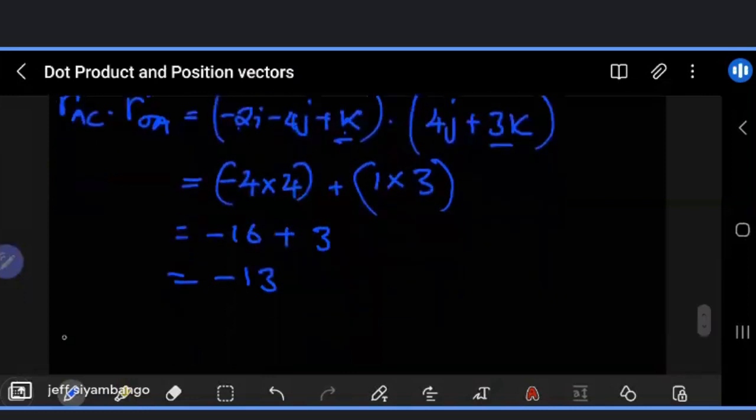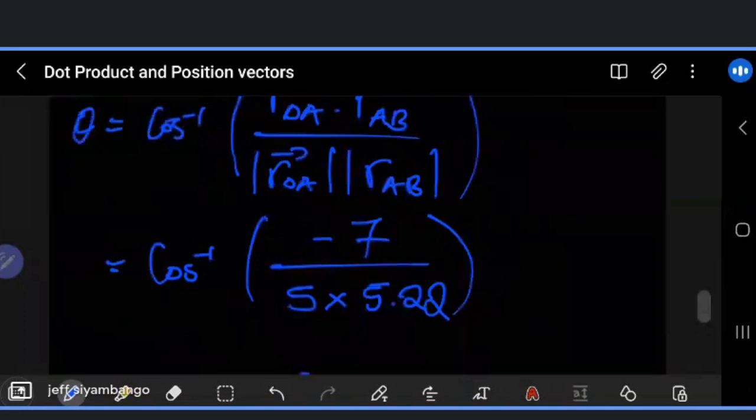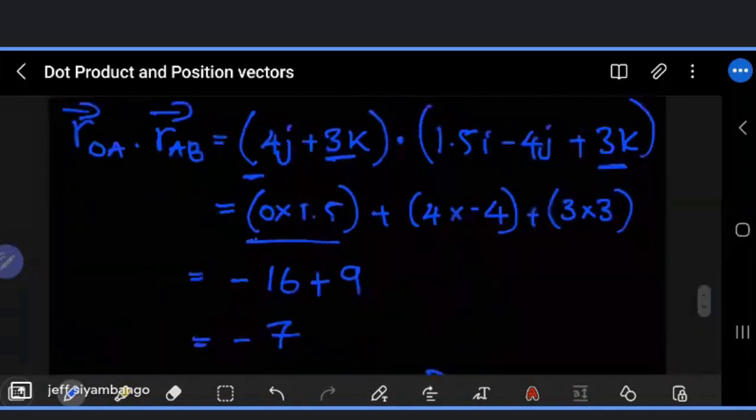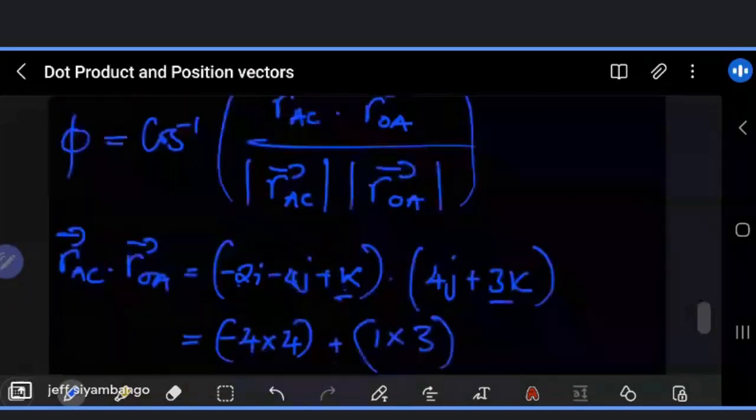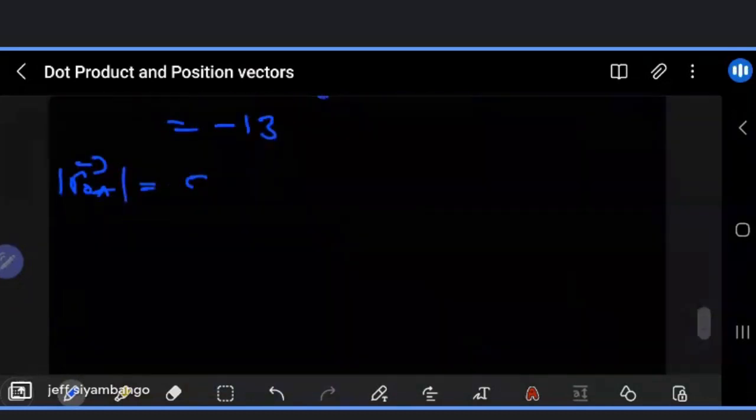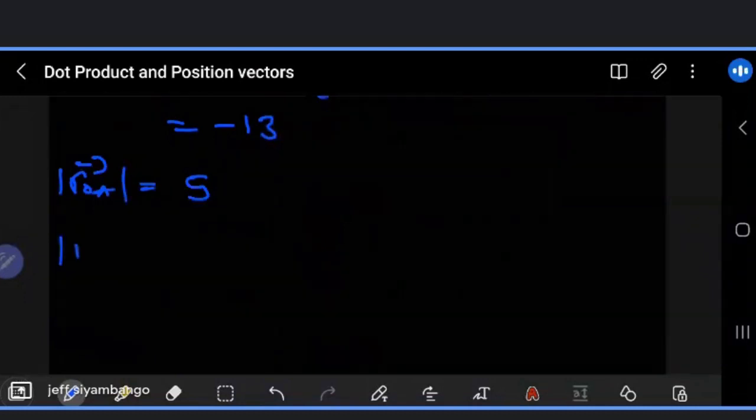Now we need the magnitudes. We already have the magnitude of ROA. We found it earlier on. ROA was, that was 5, huh? That was 5. ROA was 5. So we'll still use it, 5. But all we need is RAC. RAC is going to be the square root of, the first term is -2.